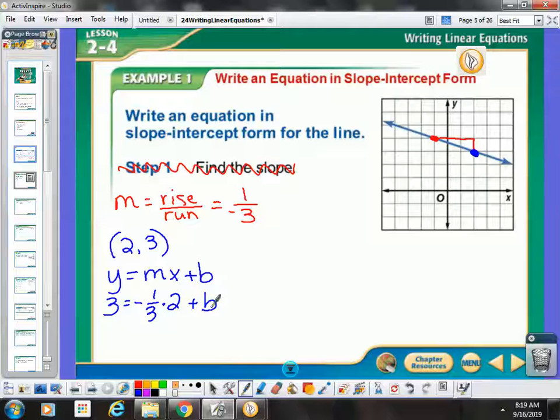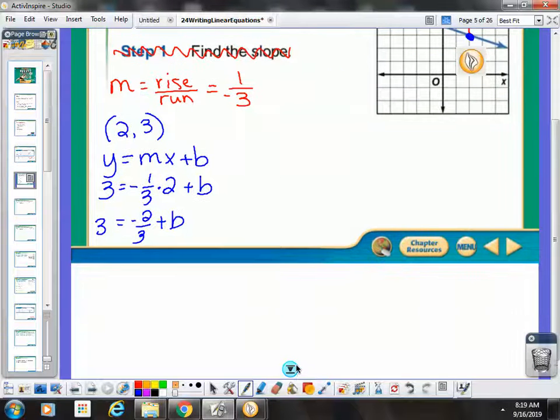Now negative 1/3 times 2 is negative 2/3, which is a repeating decimal, so please just leave it as a fraction. I'm going to add 2/3 to both sides. So b equals 3 2/3, which could be 11/3.